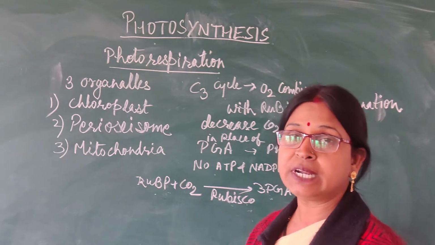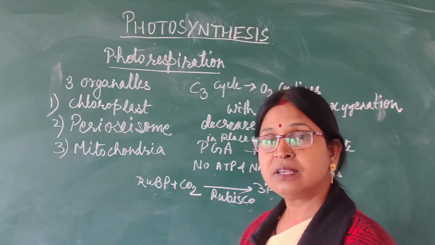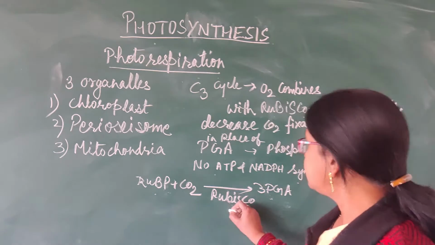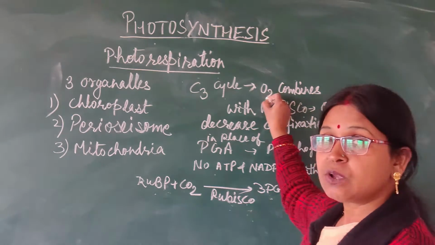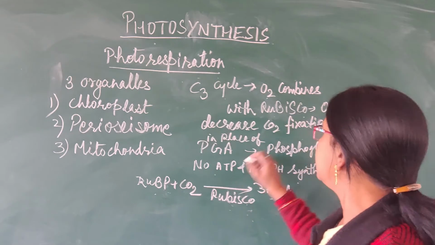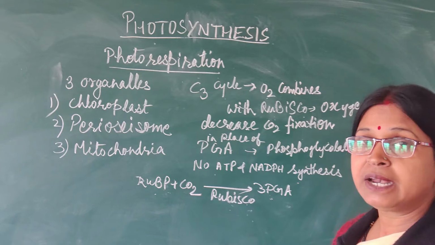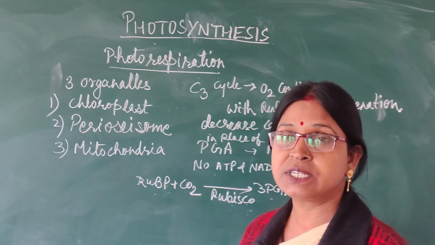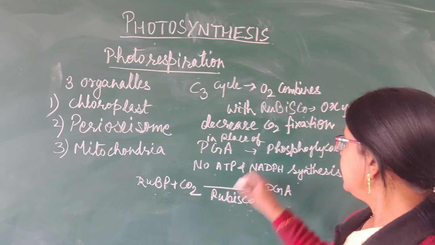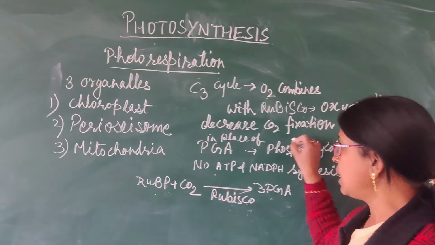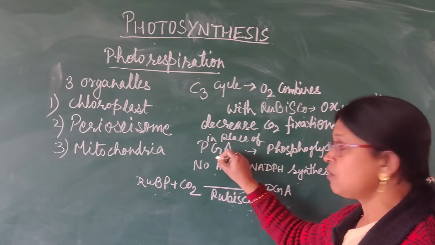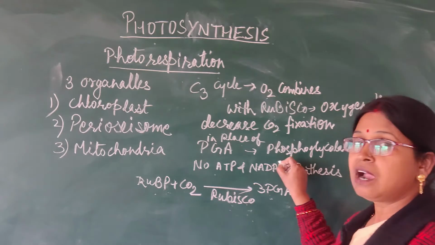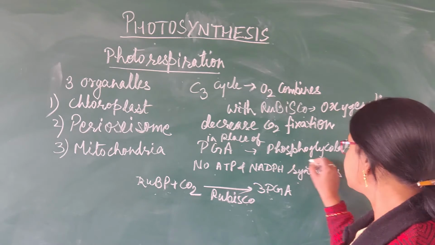Rubisco has a dual role: a carboxylation reaction as well as an oxygenation reaction. But sometimes in the C3 cycle, oxygen combines with this enzyme, and the enzyme will start the oxygenation reaction, which will decrease the fixation of carbon dioxide.